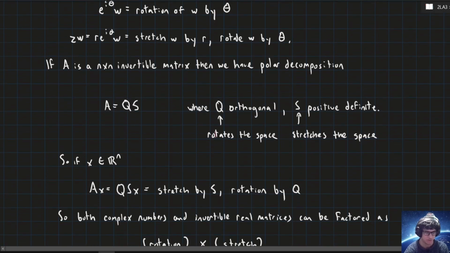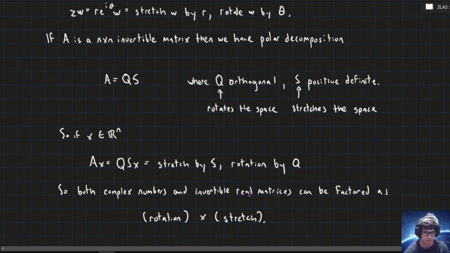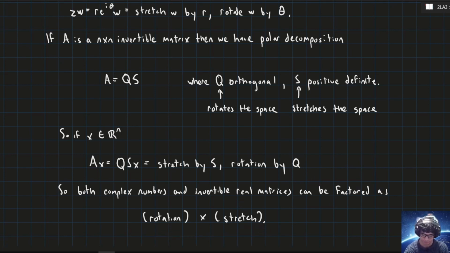That's summarized here. Both complex numbers and invertible real matrices can be factored like this, and this is their polar form, their polar decomposition.